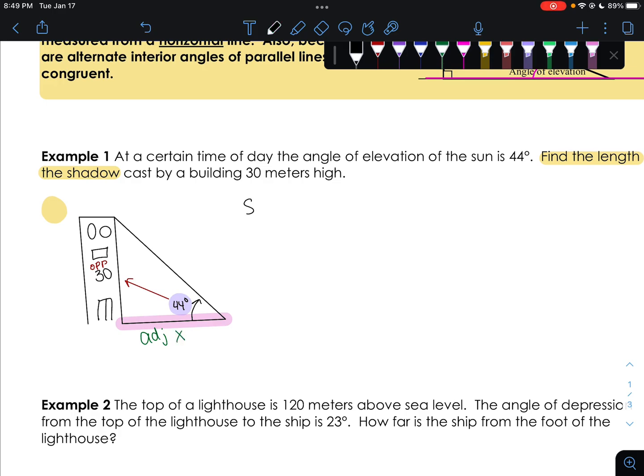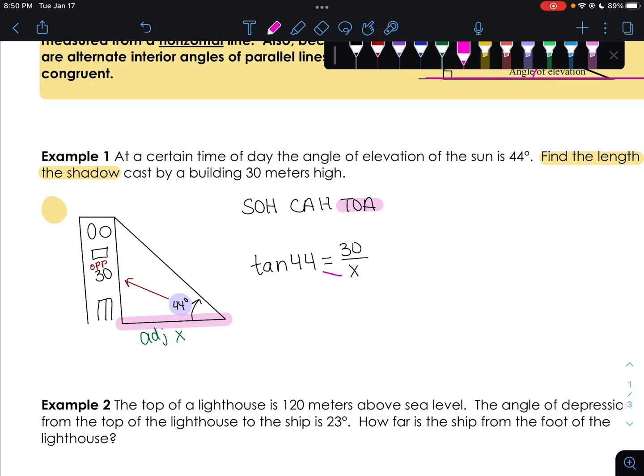If I think about SOHCAHTOA, I see that I have the opposite side and I'm trying to find the adjacent side, which means I'm using tangent. So I'm going to have tangent of 44 degrees equal to my ratio of 30 over x.